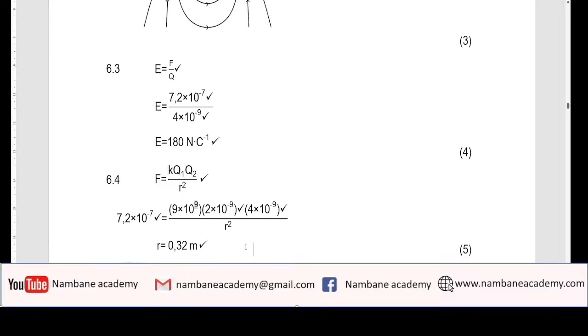Yes, but on the data sheet, it says 10 to the power of minus 9, sir. Yes, sir.